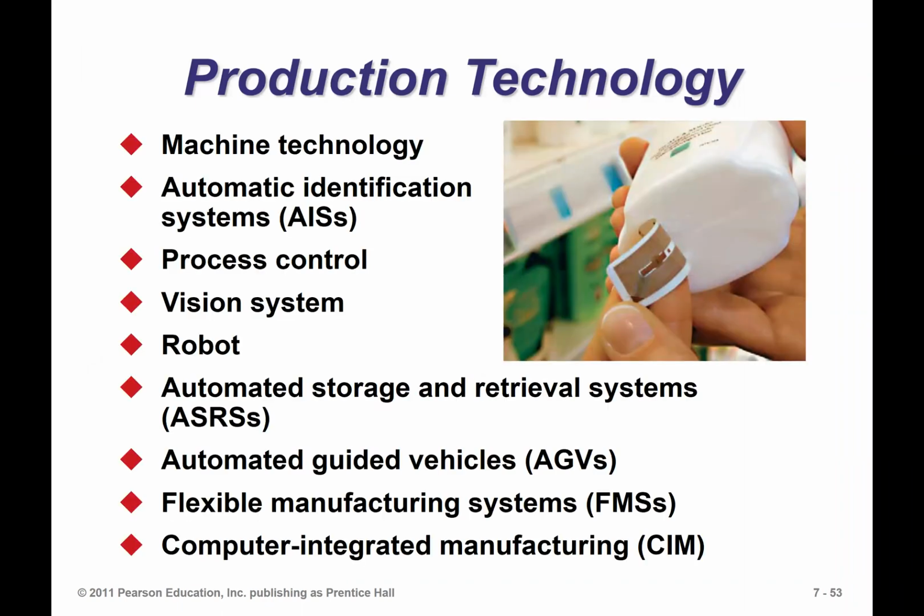So we've got production technologies now: machine technology, automatic identification system (AIS), process control, vision systems, robots, automated storage and retrieval systems, automated guided vehicles, flexible manufacturing systems, and computer integrated manufacturing (CIM).